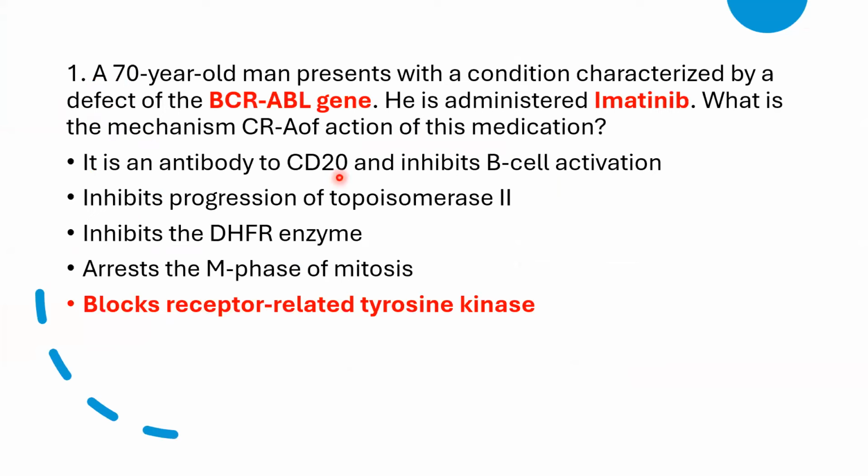Like we said, if anywhere in the question you see that the defect is in the BCR-ABL, or there's translocation 9;22, or the defect is in the Philadelphia chromosome, then the treatment is always the TKIs, which are the tyrosine kinase inhibitors. There are many ways they can ask you about this, but this is one of them.